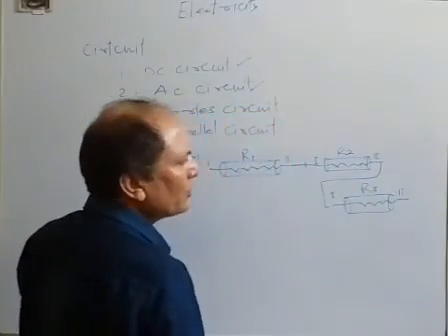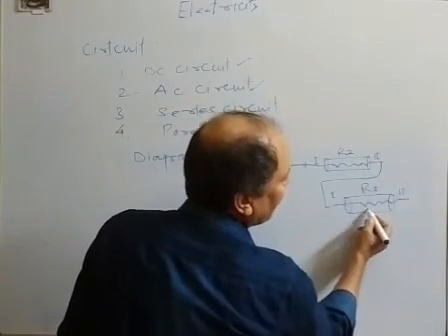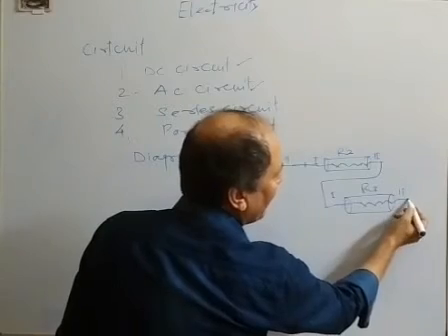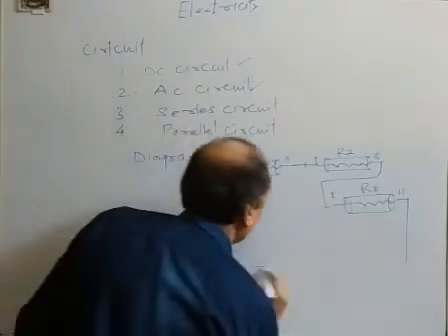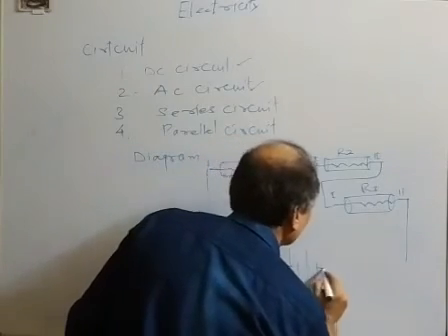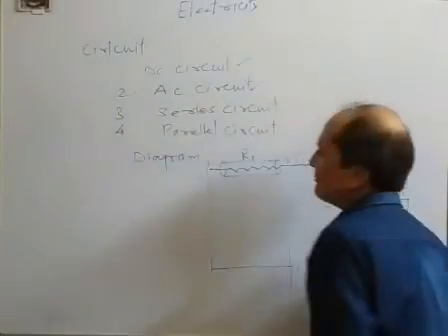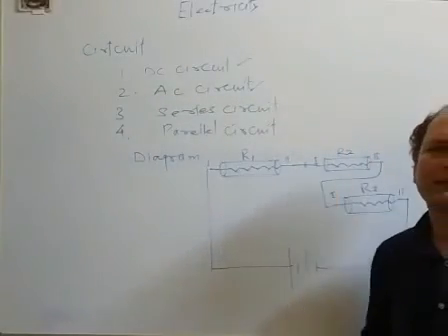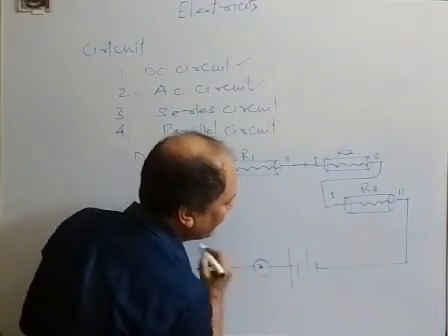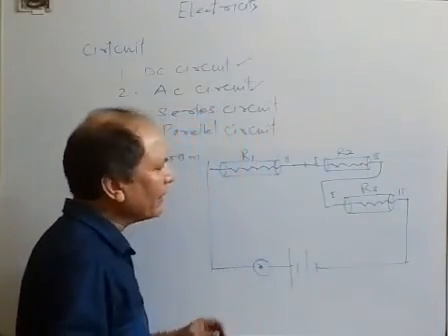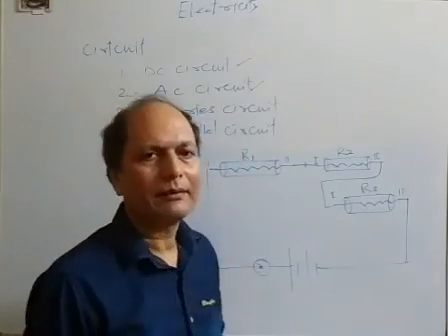After third there is no resistor, so it means it is the last. So second terminal of last resistor and first terminal of first resistor are connected with electric source. Such type of pattern of resistors is known as series circuit. You can add a switch here also. That is also the symbol of switch. So that is the pattern of series circuit.